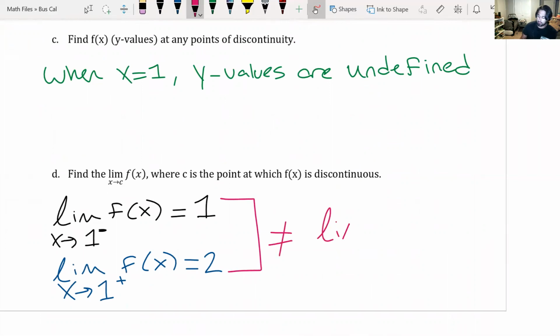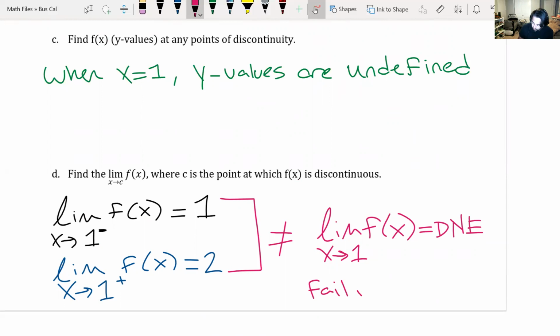So the limit as x approaches 1 from both sides of f of x does not exist. Therefore, proving further that it is discontinuous at x equals 1, because this would also fail rule 1 of continuity.